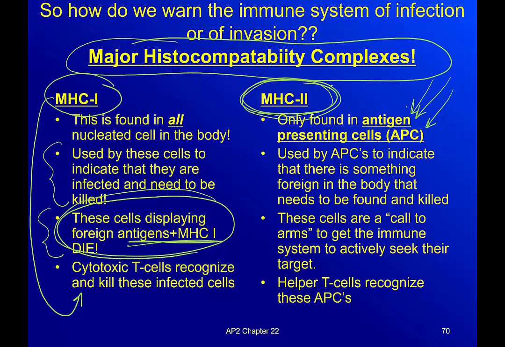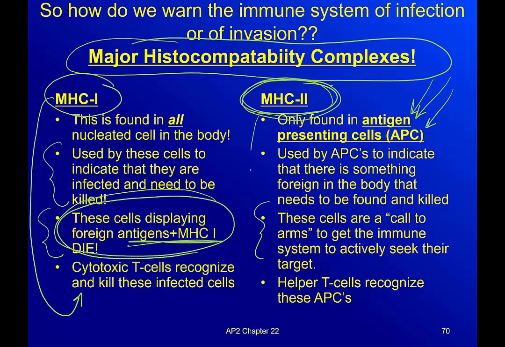That's MHC2. The antigen presenting cells are just saying, hey, look what I found. You need to be aware that this is in the body. These cells are a call to arms. They're the ones that get the immune system to actively seek out the target. Me going around with that wanted poster is basically warning the population, hey, there's something in the body. You need to go look for this. Okay?